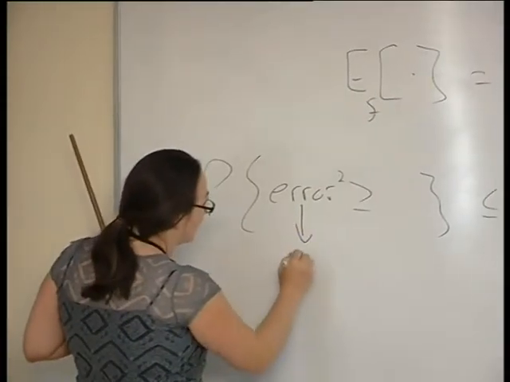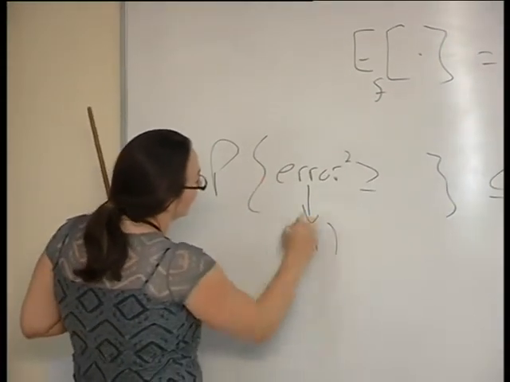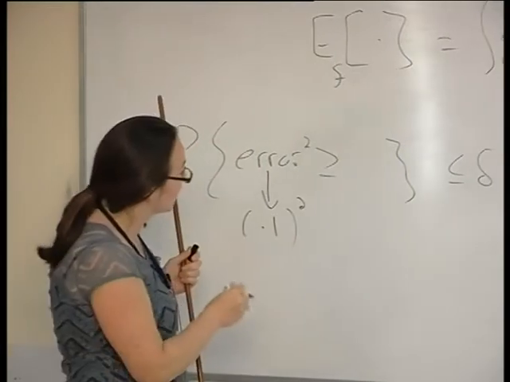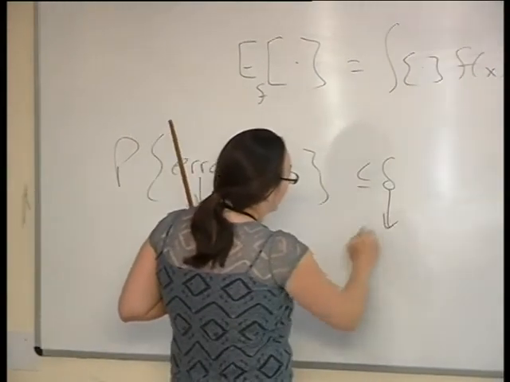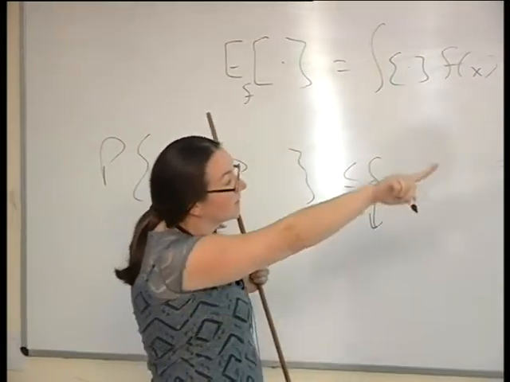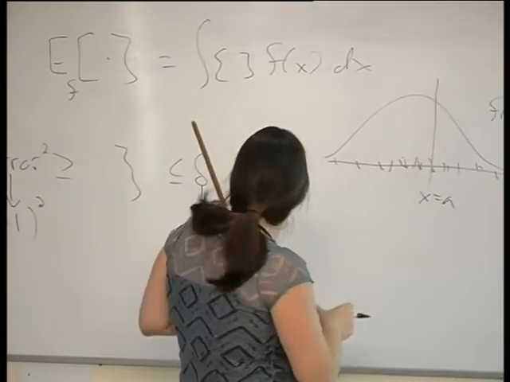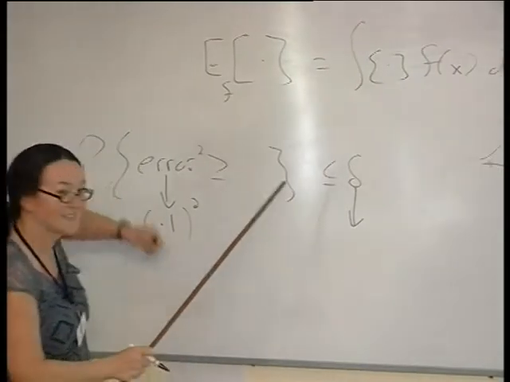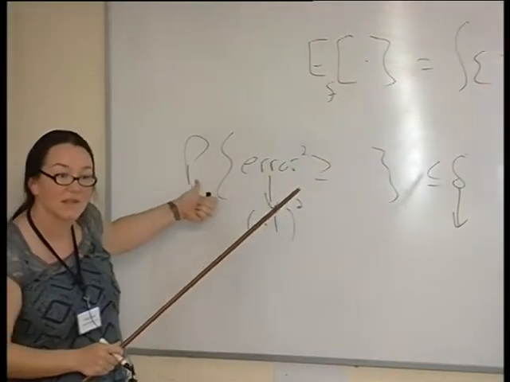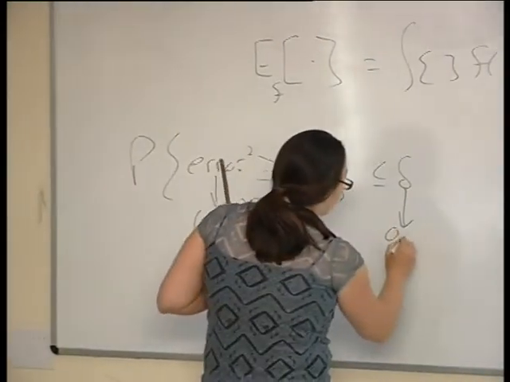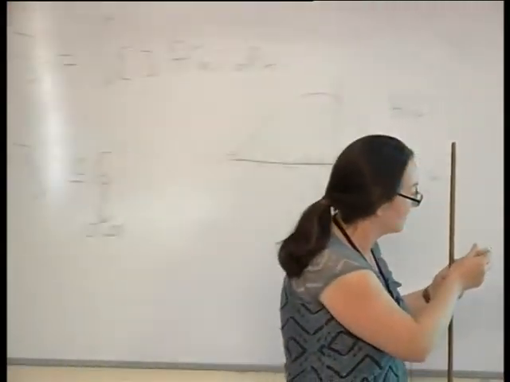For this example, my error is 0.1, and there's a square there, so this term is 0.1 squared. If we want a probability of 0.99, we want the probability that this doesn't happen, which is what this is saying, to be 0.01. So that gives us a delta of 0.01.